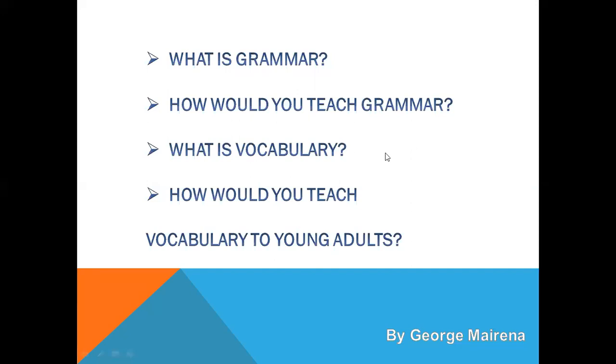Okay. Grace, based on your experience, how would you teach vocabulary to young adults? Well, I would consider giving some readings. Whenever you are assessing vocabulary, you can show some readings with a specific topic.